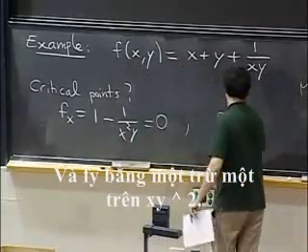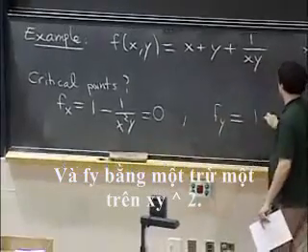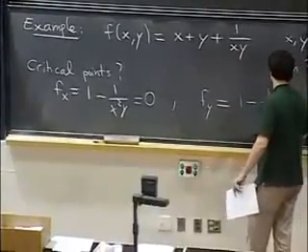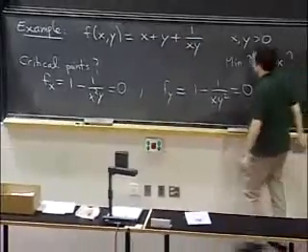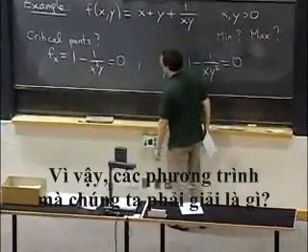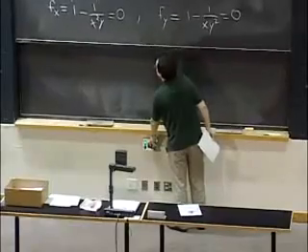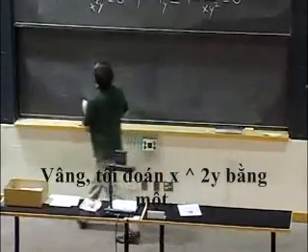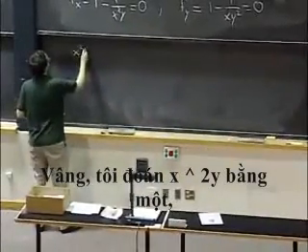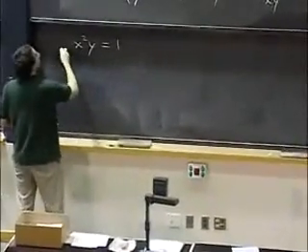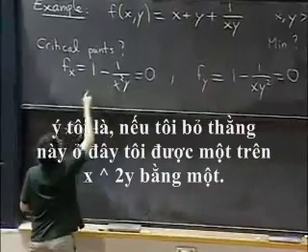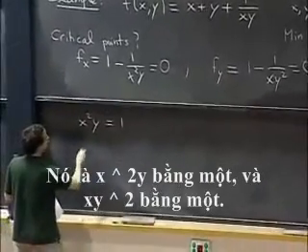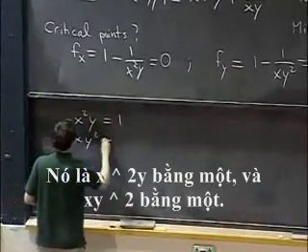And f sub y is 1 minus 1 over xy squared, and we want to set that equal to 0. So what are the equations we have to solve? Well, I guess x squared y equals 1. If I move this guy over here, I get 1 over x squared y equals 1. That's x squared y equals 1. And xy squared equals 1.